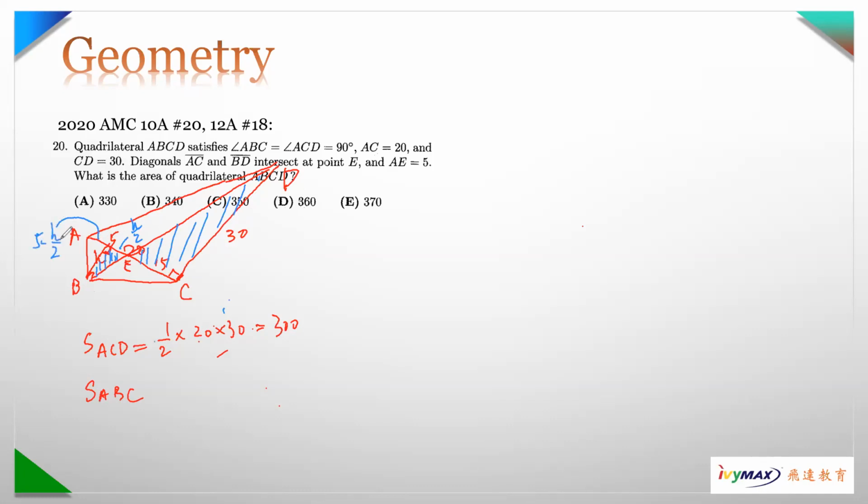All right, then let's take a look at this triangle, the one in green. We know this height, and we know the two lengths adjacent to it.